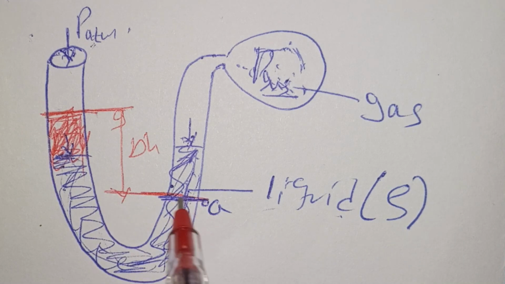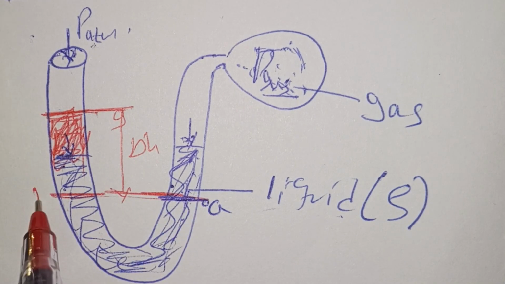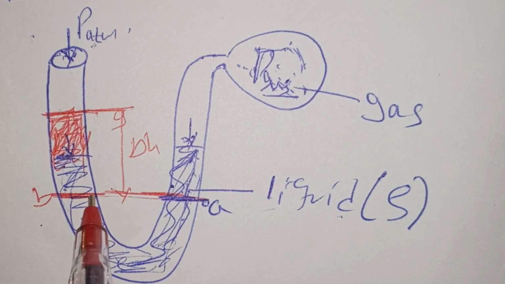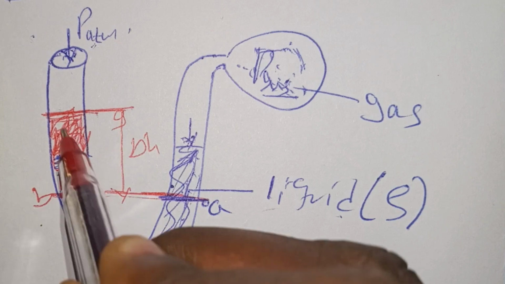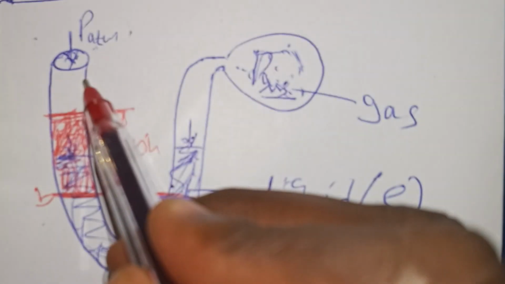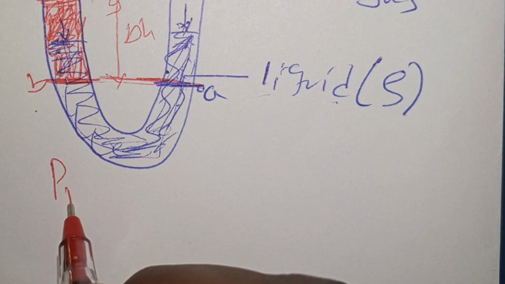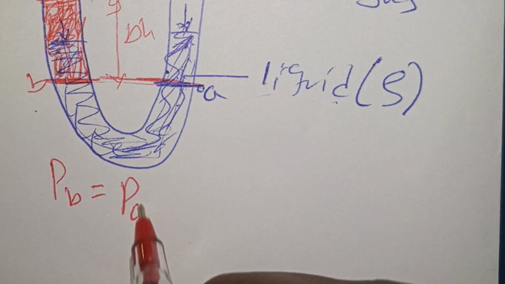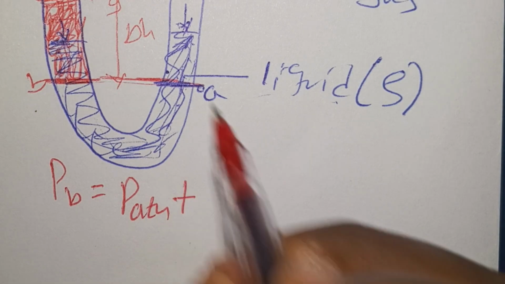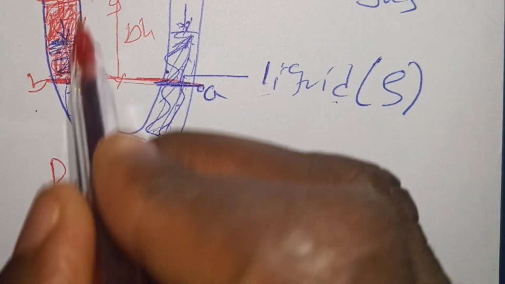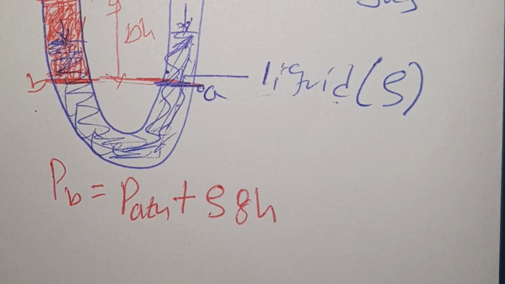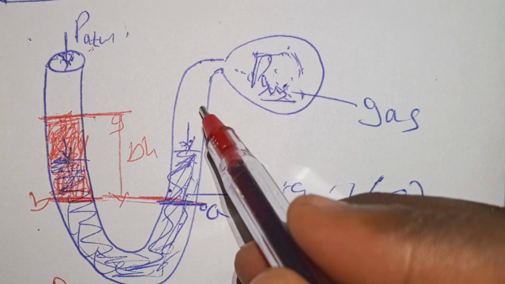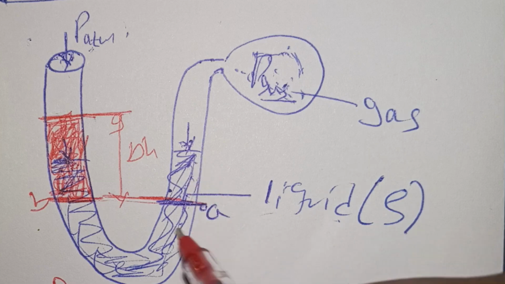When we draw a straight line from A and call this point B, the pressure at point B is due to the pressure of the fluid column above point B and the atmospheric pressure. So the pressure at point B is equal to the atmospheric pressure plus the pressure of the liquid column above point B, which is rho times g times H. And the pressure at point A is equal to the pressure of the gas, which is pushing the liquid down on this side.